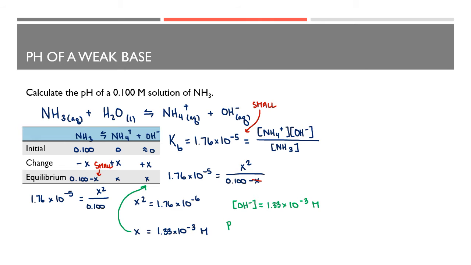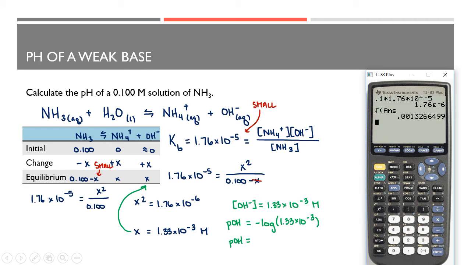I'm going to use this to find my pOH. So the pOH is equal to the negative log of the hydroxide concentration. So I'll substitute in there my 1.33 times 10 to the negative third, and on my calculator, find the pOH. So the negative log of my previous answer is 2.88.